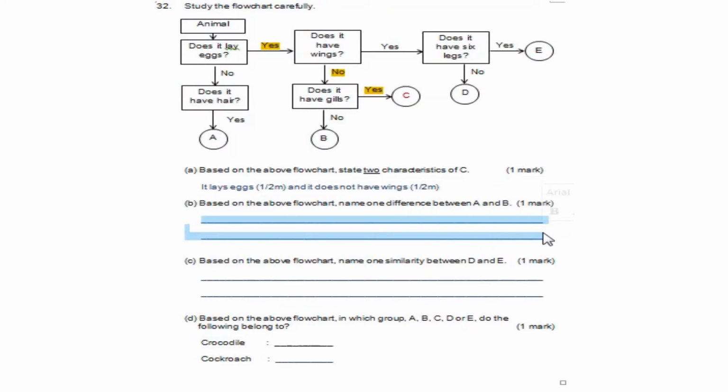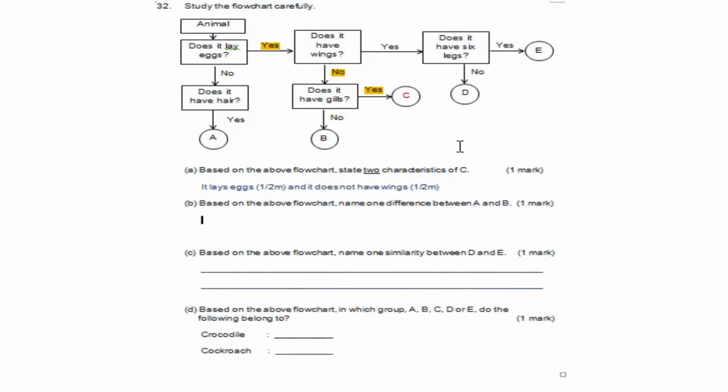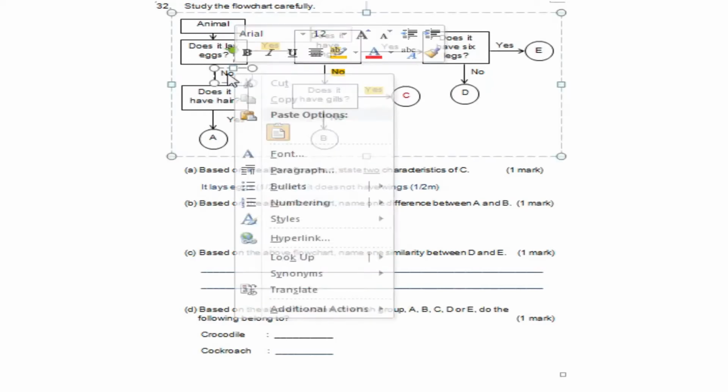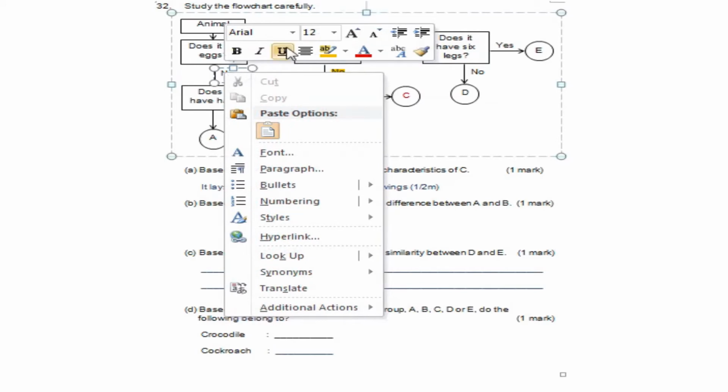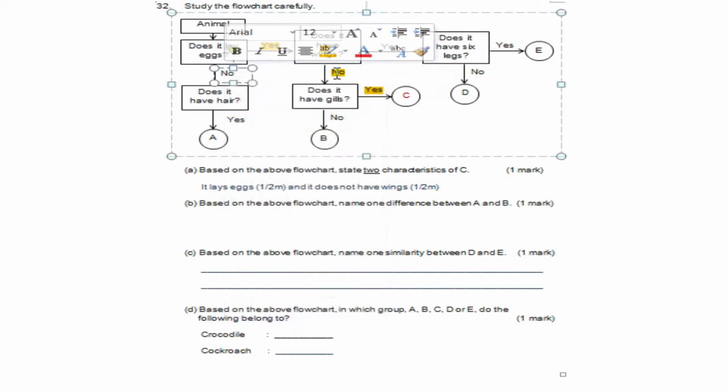Based on the flow chart, name one difference between A and B. Again, you can use another highlighter and first highlight them. Let me highlight a different color, green.